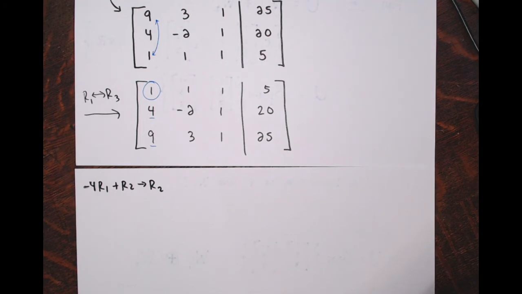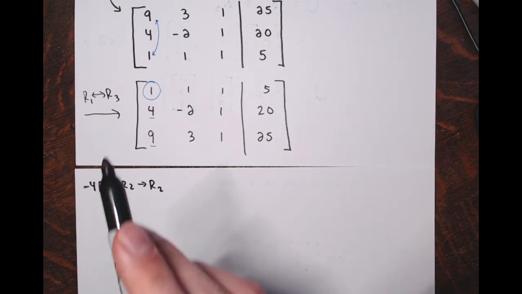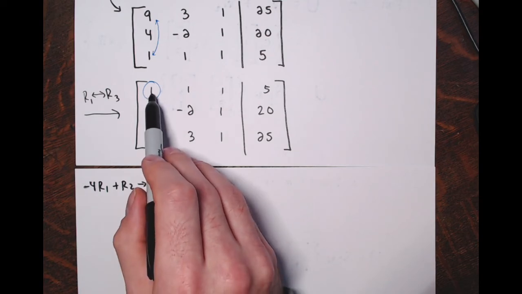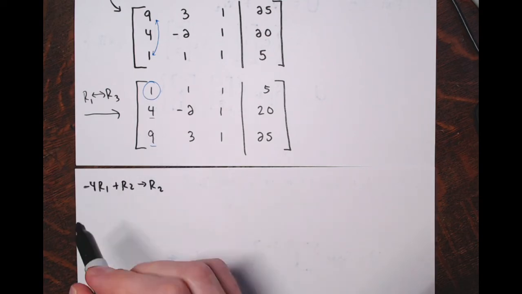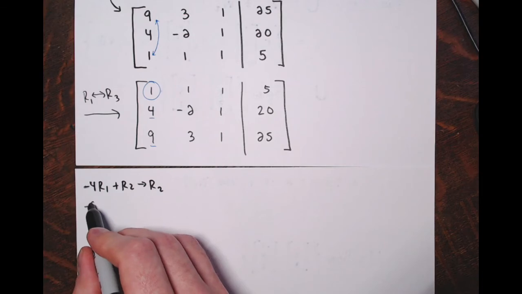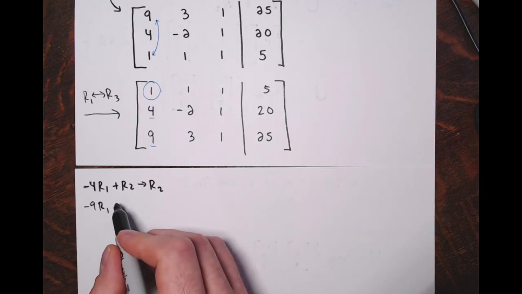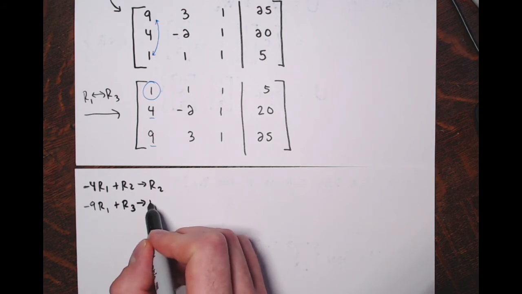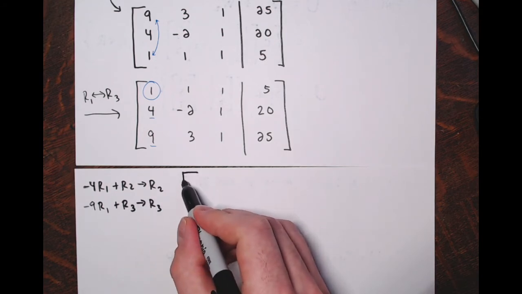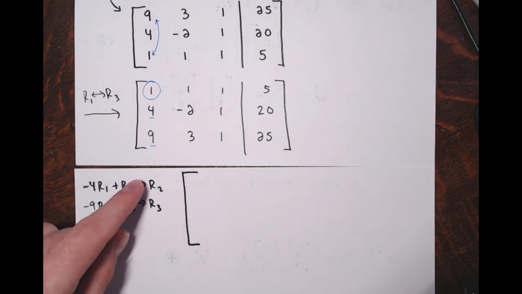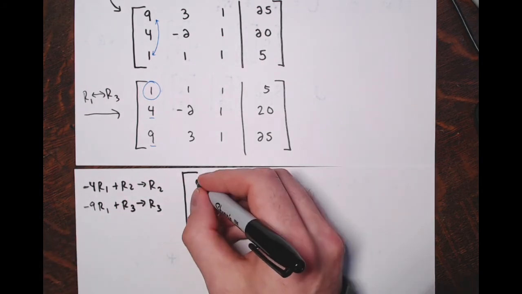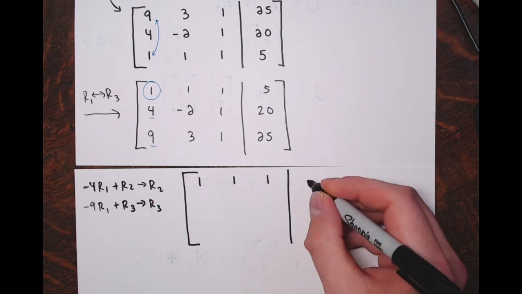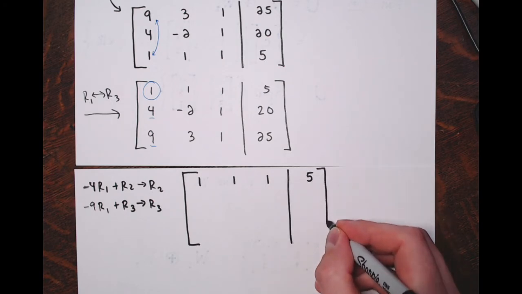To zero out the 9, I'd multiply by -9 times row 1 and add it to row 3, creating a new row 3. I'm changing row 2 and row 3, not row 1. So row 1 stays the same: 1, 1, 1, bar, and then 5.